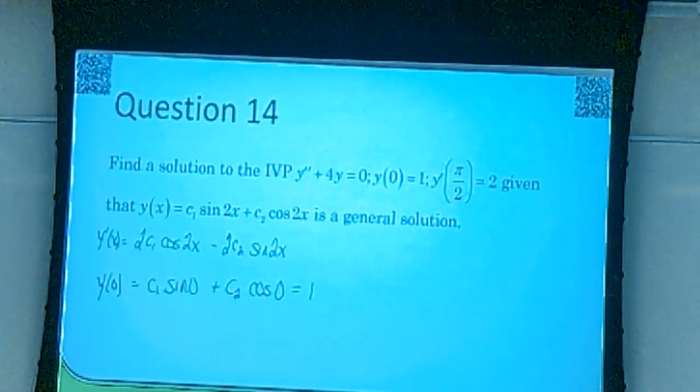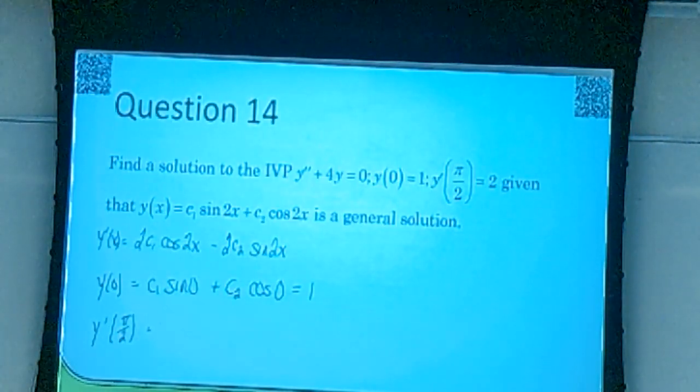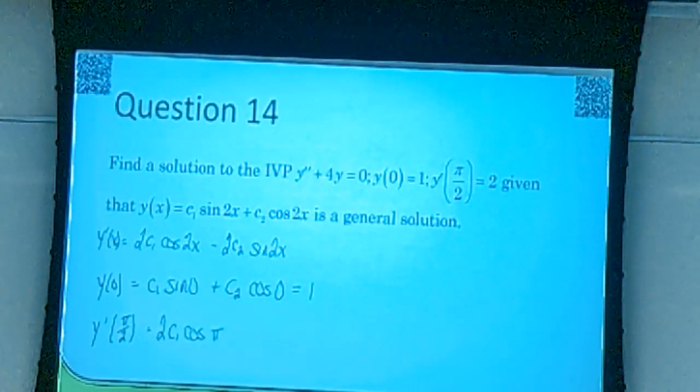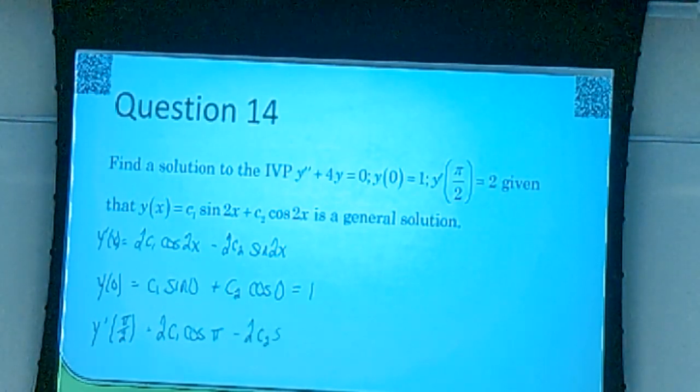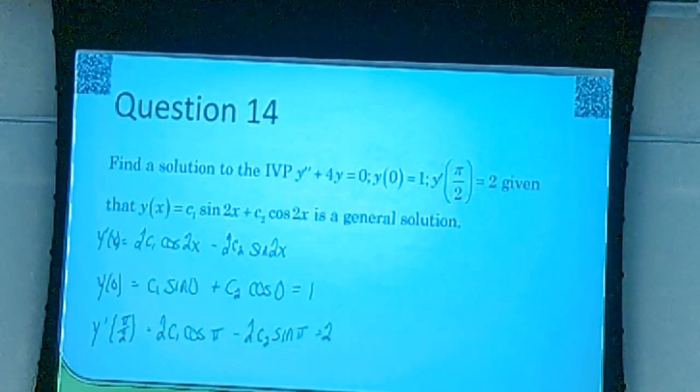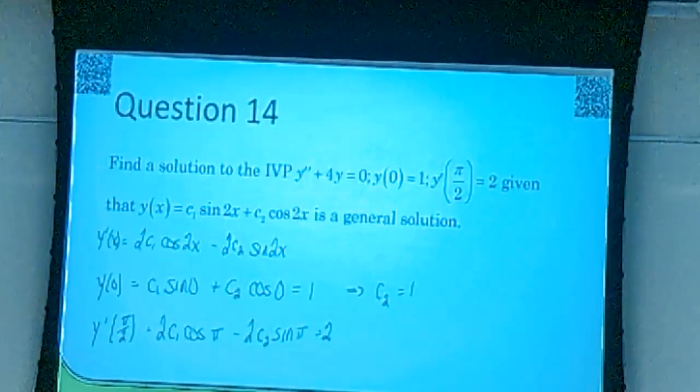Y of 0 has to be 1, y prime pi over 2 has to be 2. And 2 times pi over 2 is pi. Sine of 0 is 0, right? That says that C2 has to be 1. Cosine of 0 is 1.